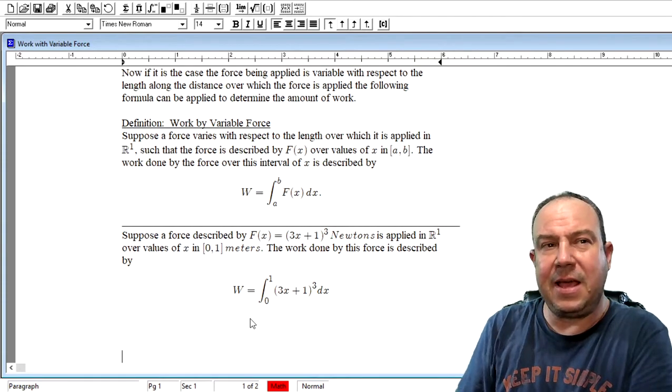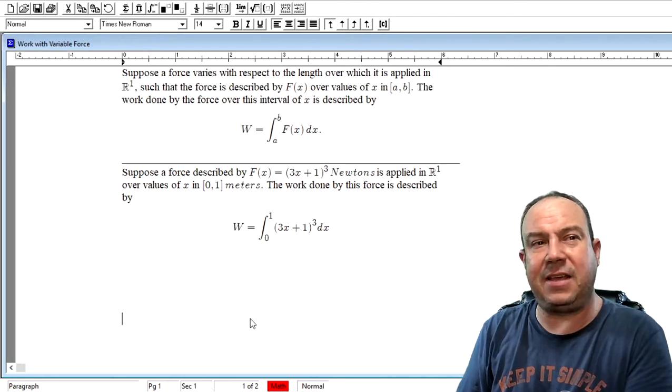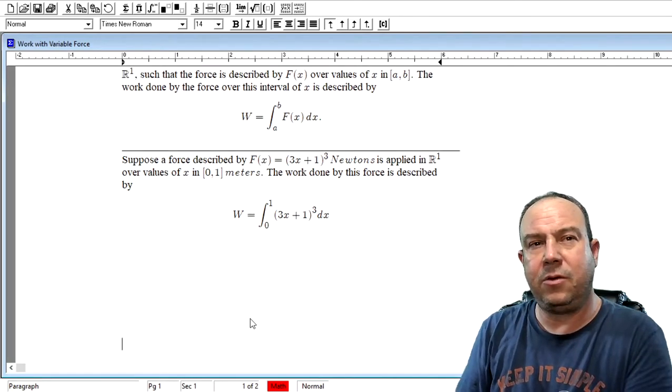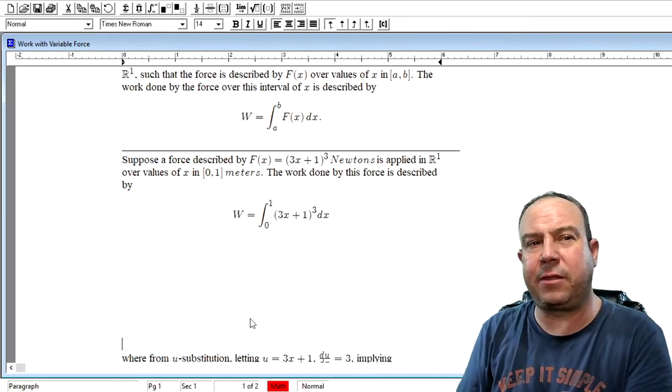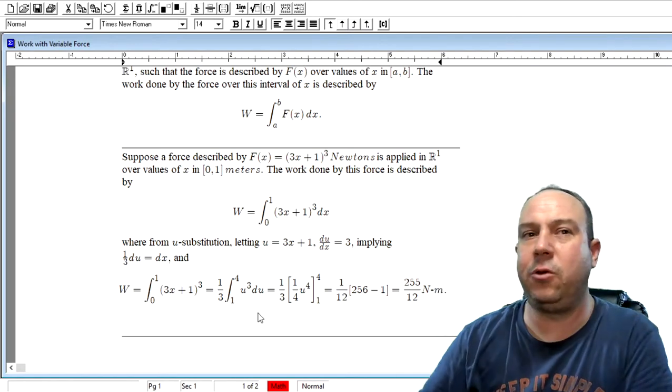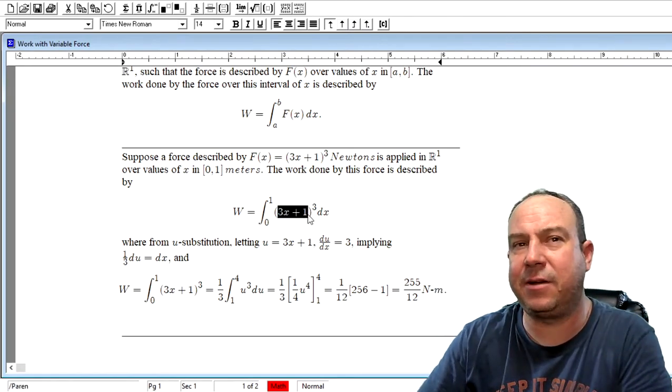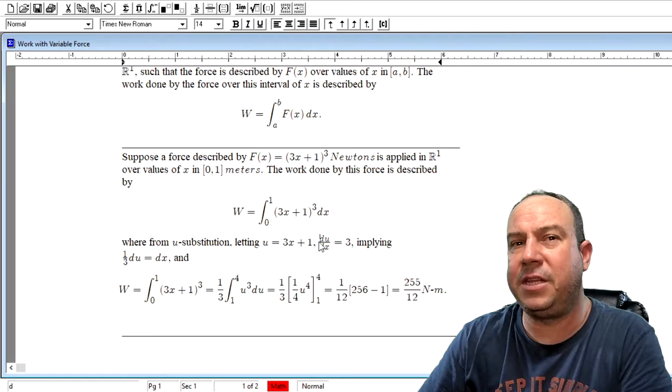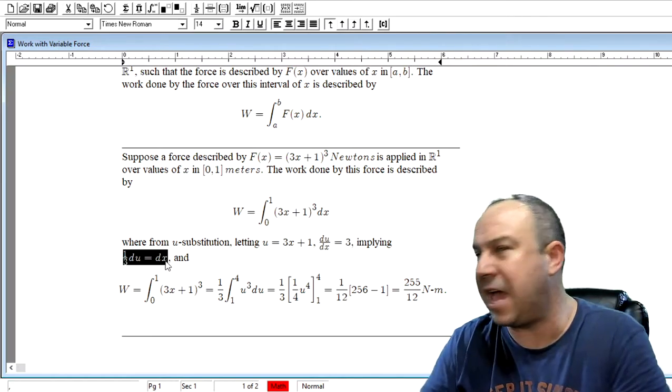All right? And how we integrate that, I did kind of hint that we're going to do another u-sub here. We might let u equal the quantity 3x plus 1. If we let u equal 3x plus 1, then du/dx will be equal to 3, implying 1/3 du will be equal to dx.